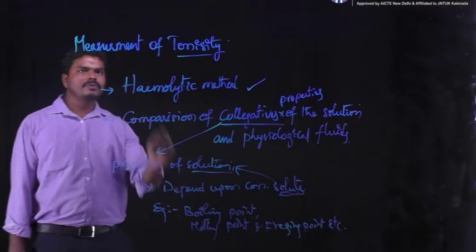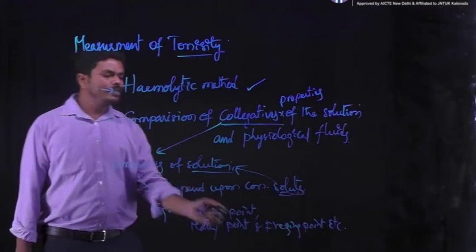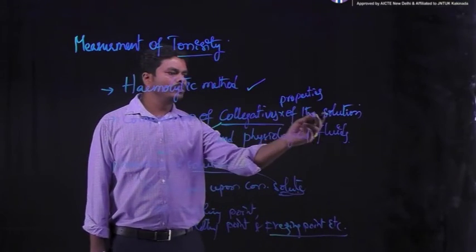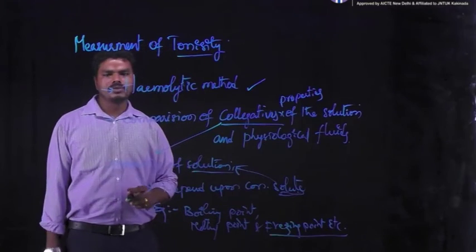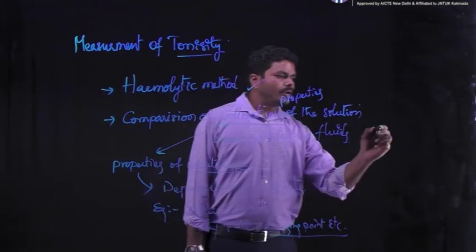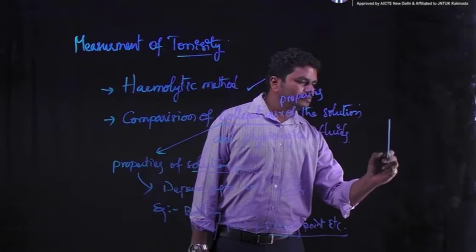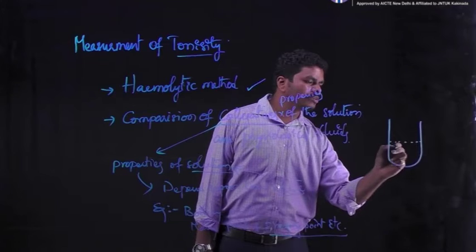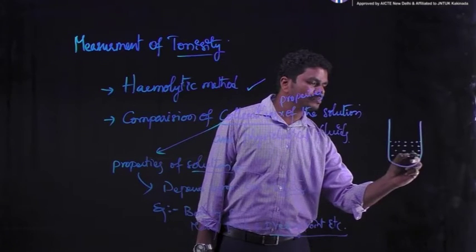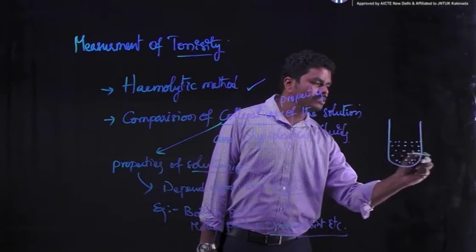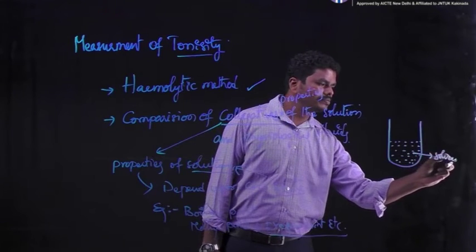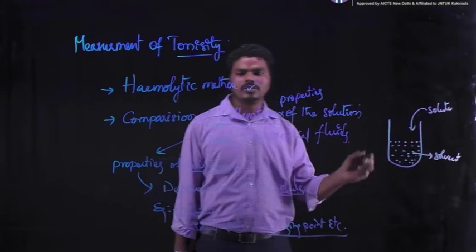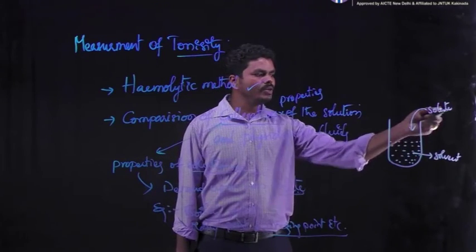So in case of measuring the tonicity, we will use the freezing point for comparison of both solution and physiological fluid. When you see the properties of the freezing point, when you add the solute to the solvent, consider this one as a solvent, and when you add the solute, I think you know well about the difference between the solute and solvent.